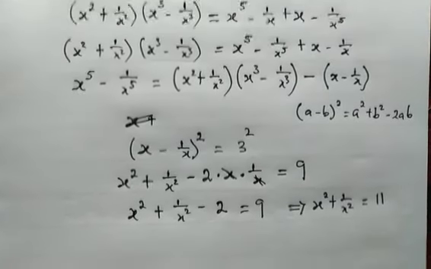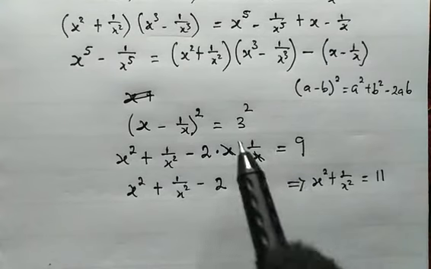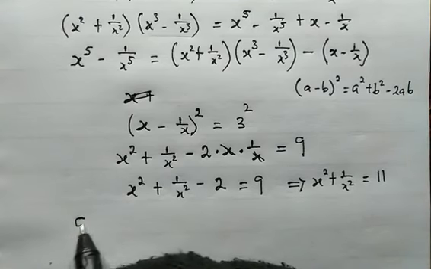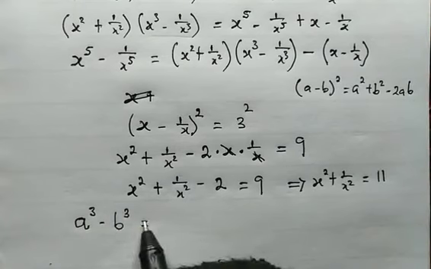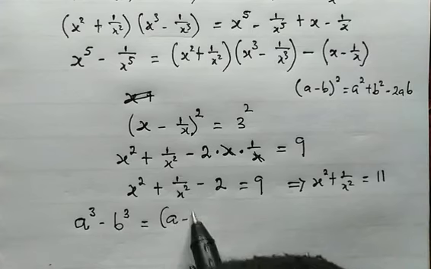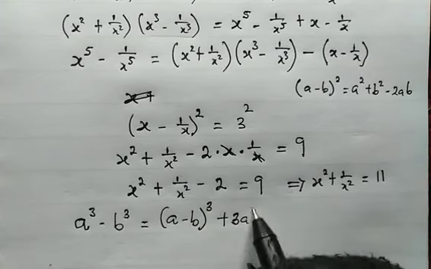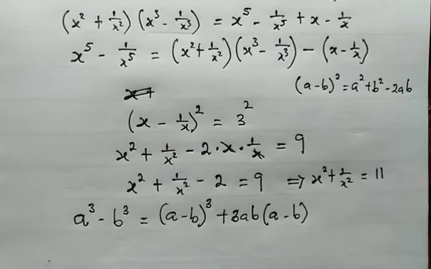Okay, now what about x cubed minus 1 over x cubed? Before finding the value of this, let us take note of the following: a cubed minus b cubed is equal to a minus b cubed, then plus 3 times a times b into bracket a minus b.